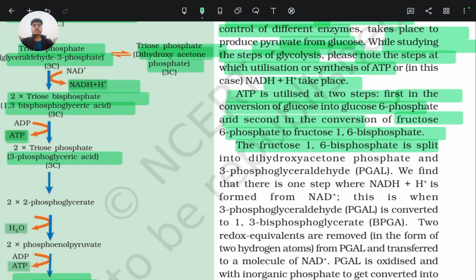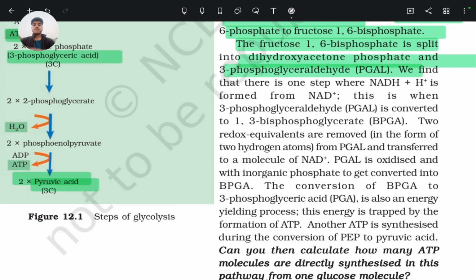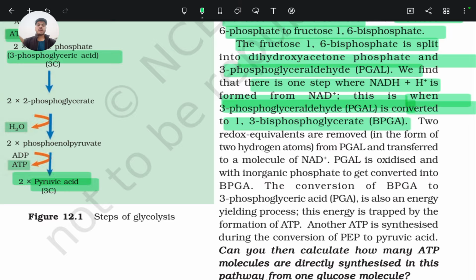The fructose 1,6-bisphosphate is split into dihydroxyacetone phosphate and 3-phosphoglyceraldehyde. We find that there is one step where NADH plus H plus is formed from NAD plus. At which step? At the sixth step of glycolysis. This is when 3-phosphoglyceraldehyde or PGAL is converted into 1,3-bisphosphoglycerate.